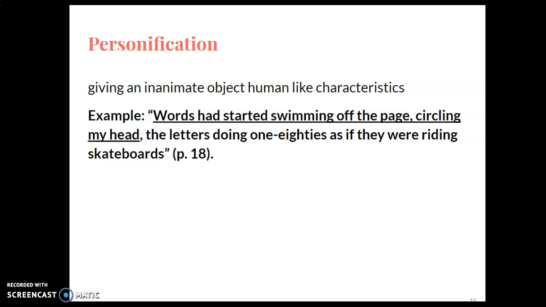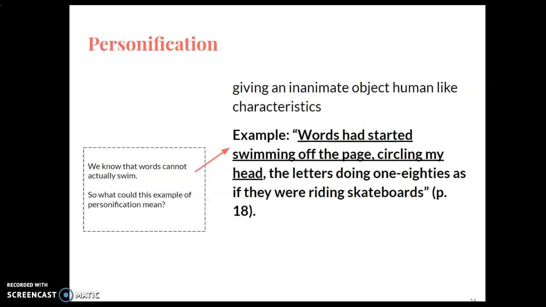The letters doing 180s as if they were riding skateboards. Now, while we've seen this sentence before, this time we're going to focus just on the first underlined part. So we know that words cannot actually swim. So what could this example of personification mean?